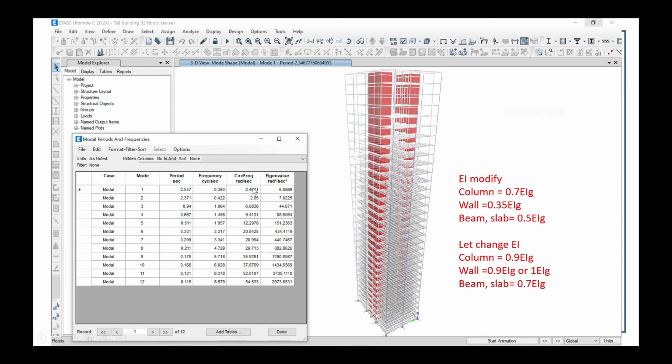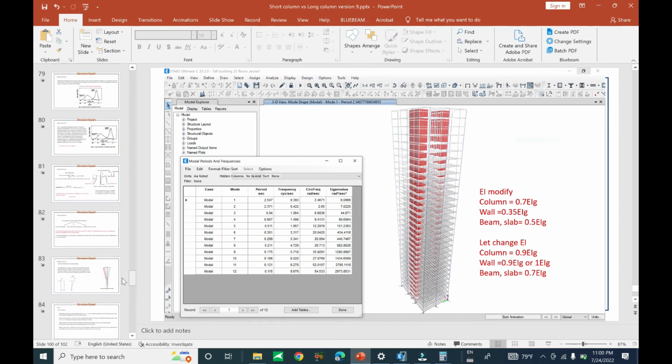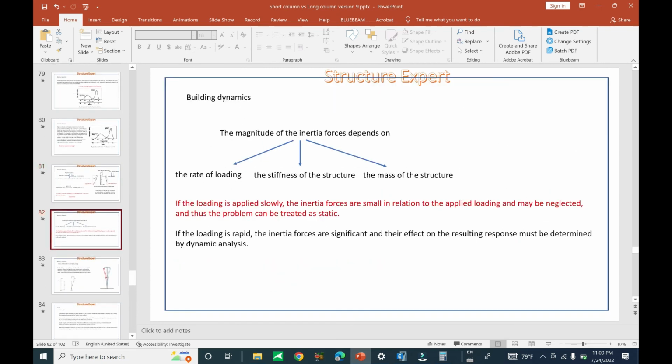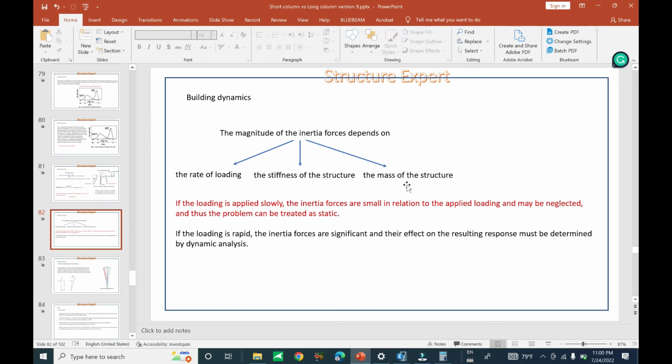So you have to increase the stiffness more. You have three options. The first one is to decrease the acceleration; you can check my slide on dynamics. You can decrease the rate of loading, add stiffness to the member or the structure, or increase mass. The mass option is difficult, since you have to increase mass on a specific floor, on the top floor.